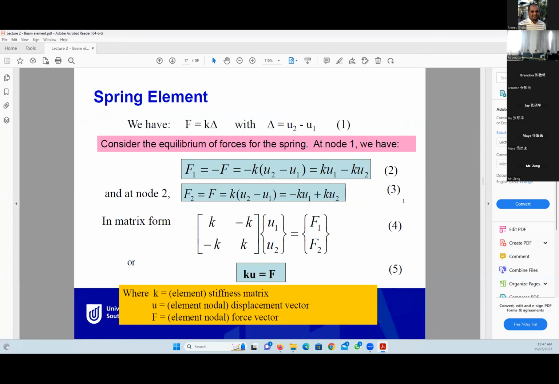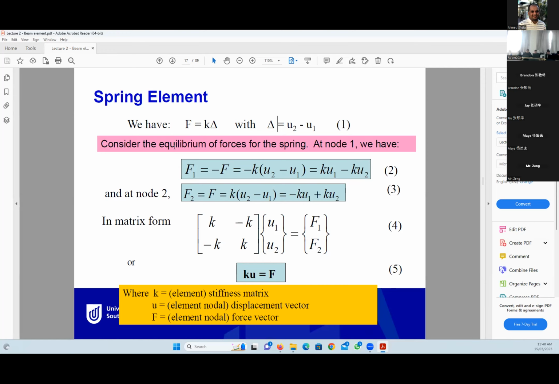So we have the force equal to K times delta, with delta equal to U2 minus U1. This is equation number one. U2 is the displacement at point 2 minus the displacement at U1, so this is the total displacement of the element.